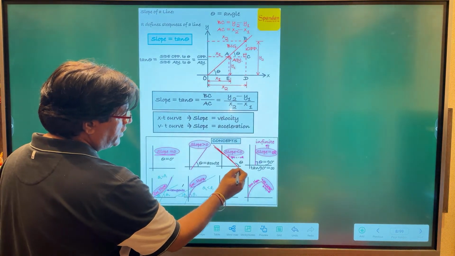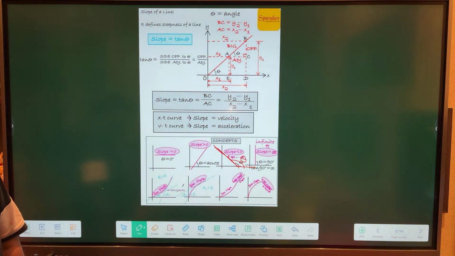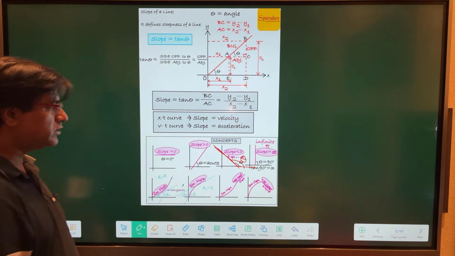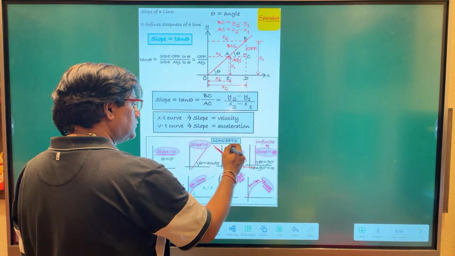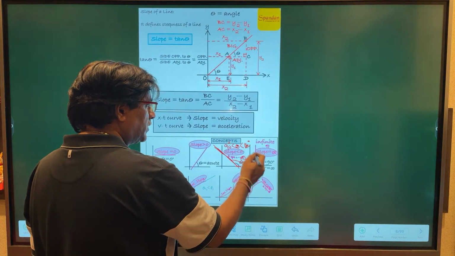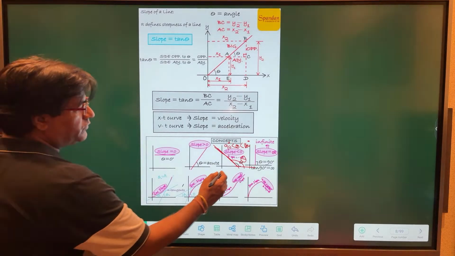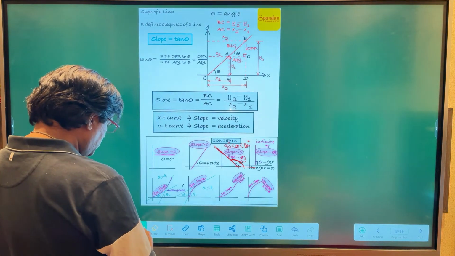So suppose this is a line and this line makes an angle theta which is an obtuse angle. Obtuse angle कहाँ से कहाँ तक का होता है angle? Greater than 90, less than 180 degree. Yeah. So in that case tan theta is negative. Slope is negative. So in this type of line, slope is negative.